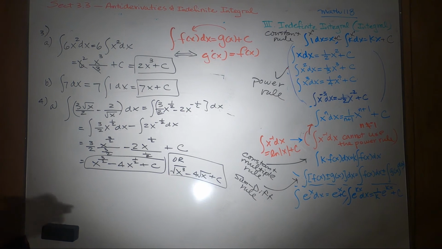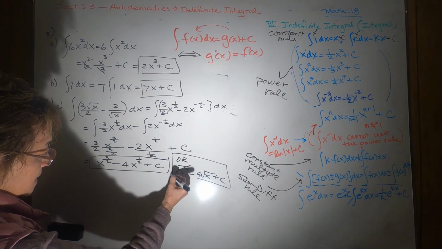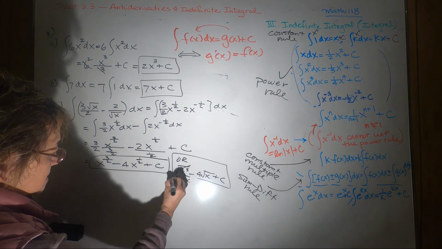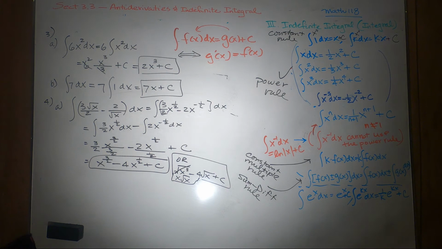But we don't leave the answer here. We should write this one by taking x out. You have to simplify your answer, because you have a root, you have to take the root out.